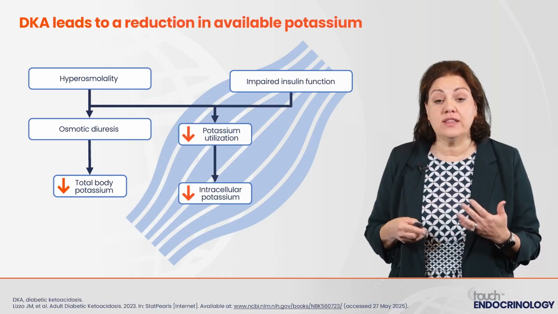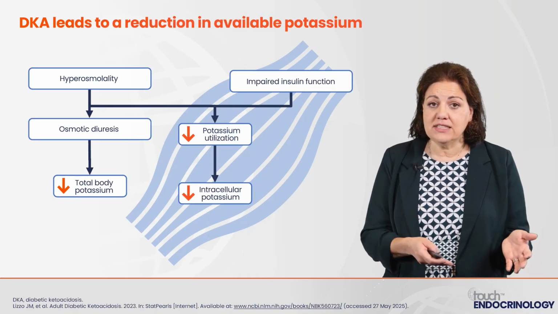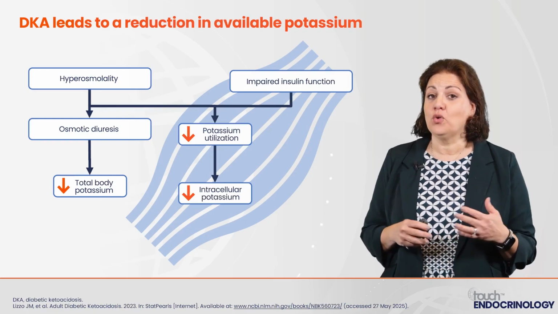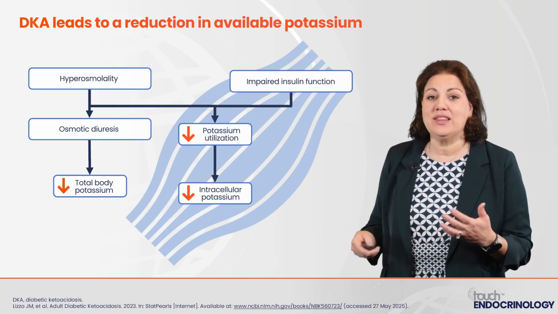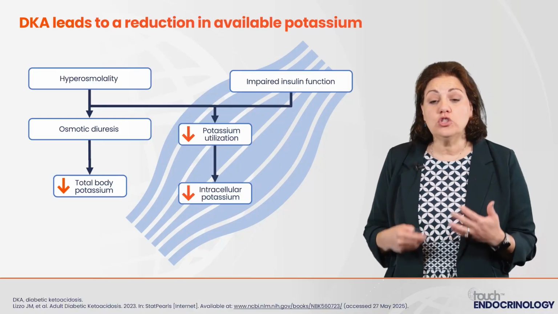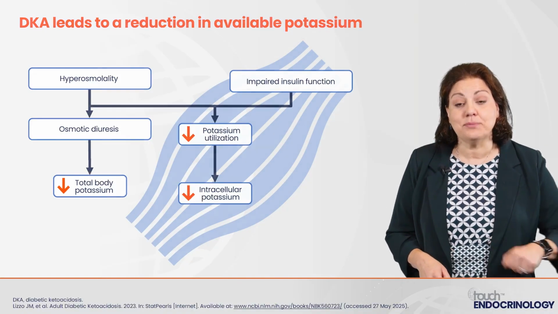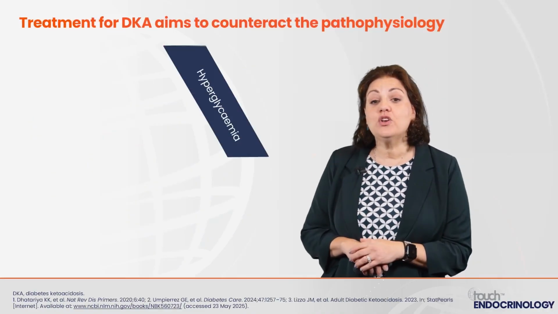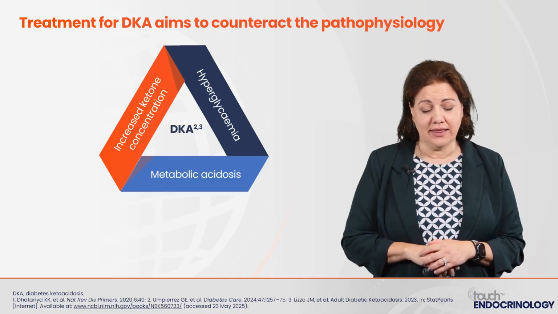So people with DKA can present with quite low potassium levels. Some folks will have normal levels, and some folks will have high levels. The important thing is to understand that there's total body potassium depletion.